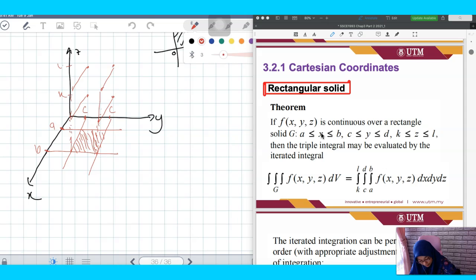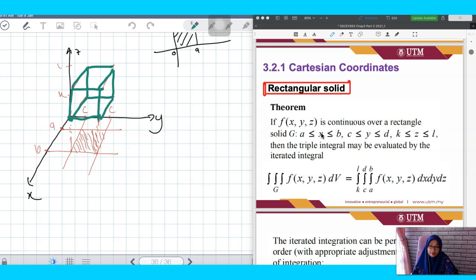Maybe I should change the color. This one, this one, this one, and this one. So we have a cuboid, a surface where you can touch it.